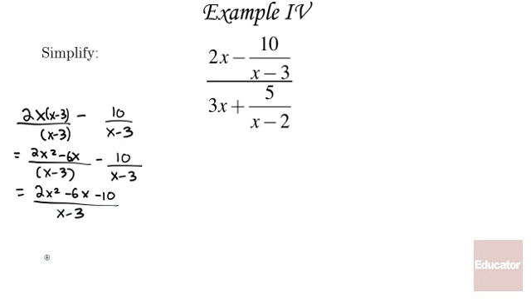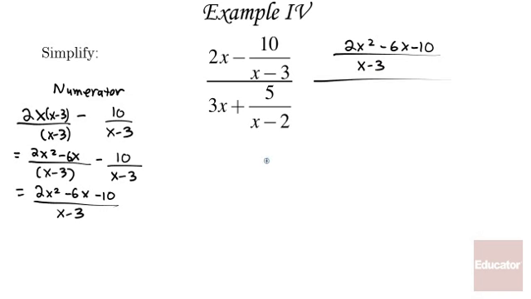I'm just subtracting. So first I was dealing with the numerator. Now I'm going to write my new numerator up here, which is just a rational expression of 2x squared minus 6x minus 10 all over x minus 3. Okay, so I took care of that. Now I need to work with the denominator.